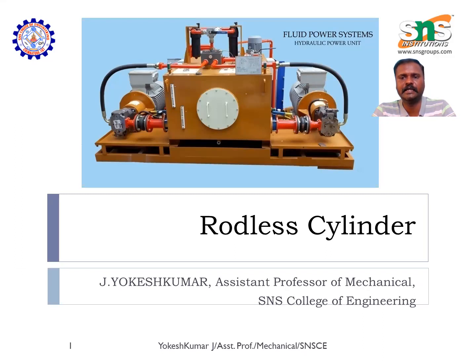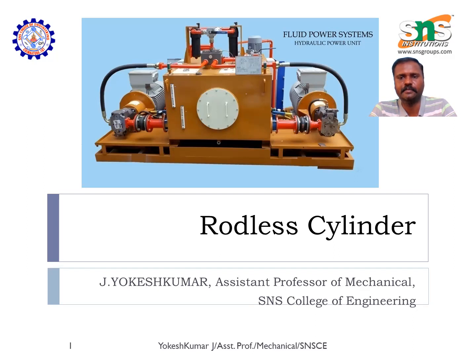Instead, we are using a band in the cylinder. So this is a special type of cylinder. This can be used whenever we have space constraints or space limitations. For example, in real-time applications for a long extension or long movement, we have space constraints in the industry.